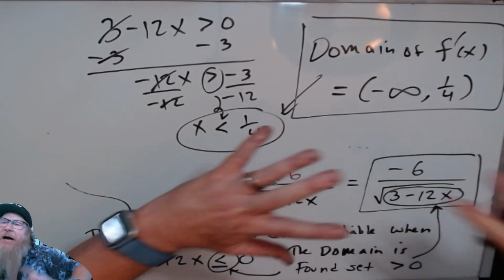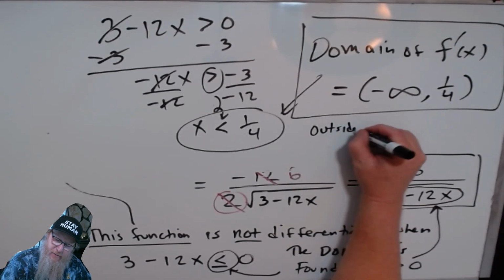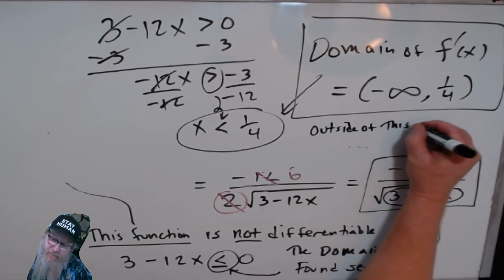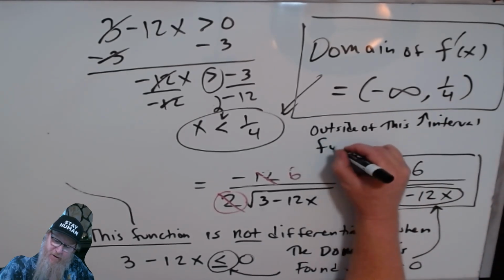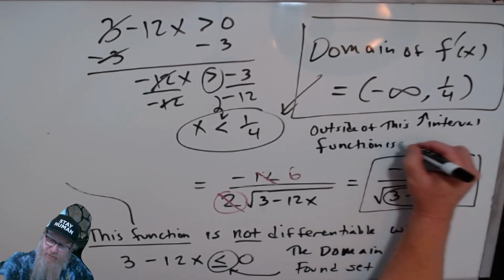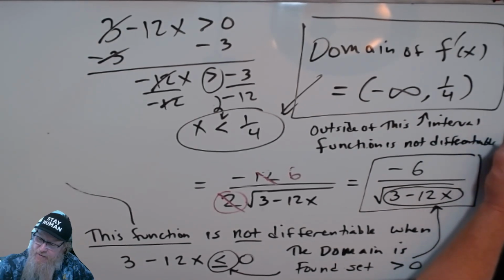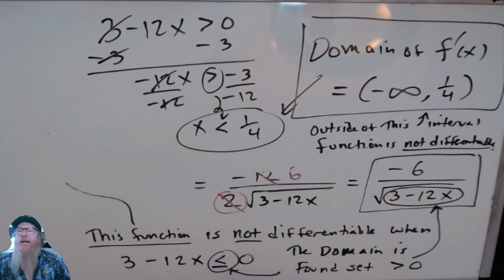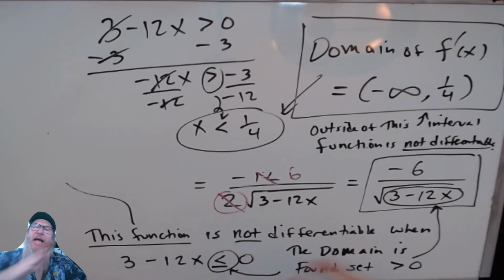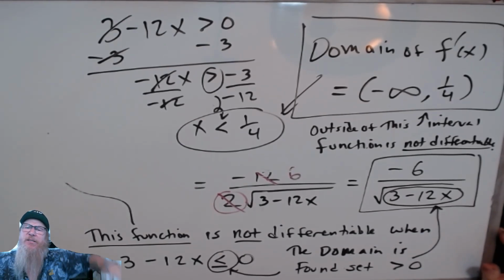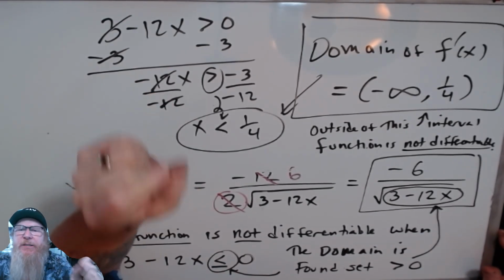And if you go outside of this interval, the function is not differentiable. I just couldn't end the video without putting a bookend on the other end of it. We started the video by saying it's not differentiable at one particular point.